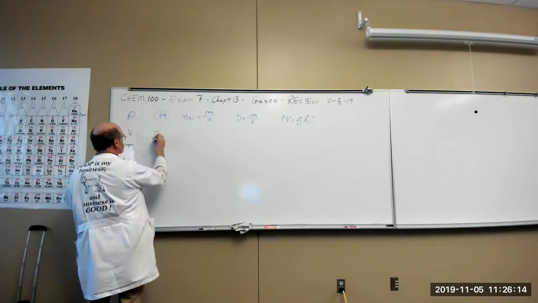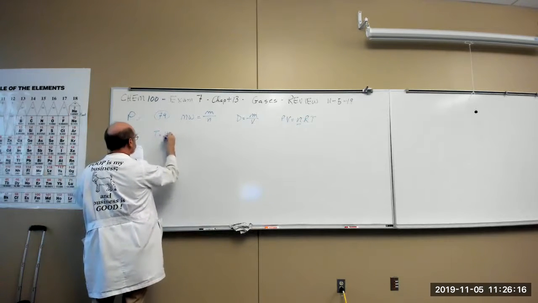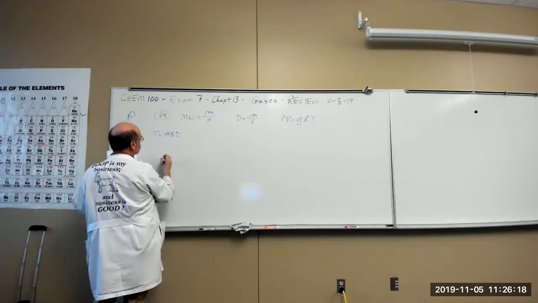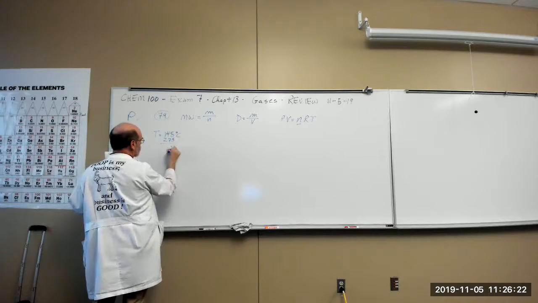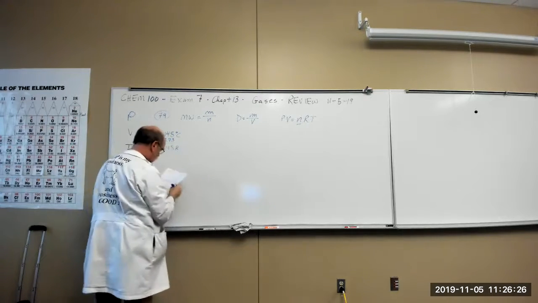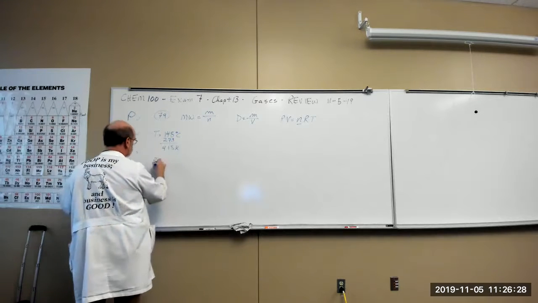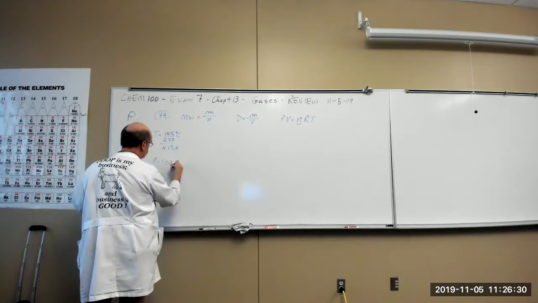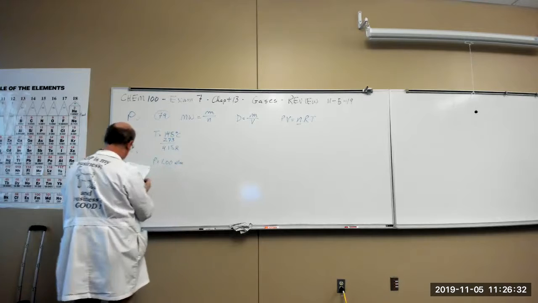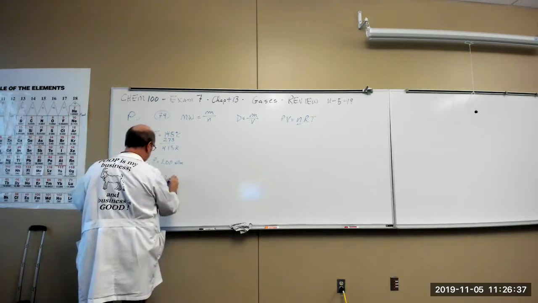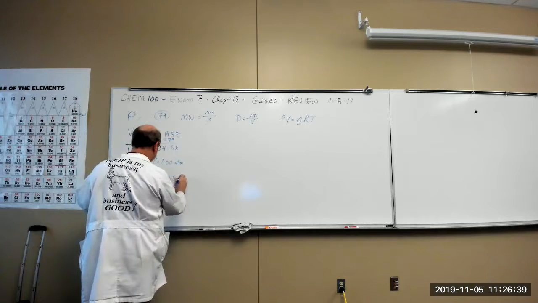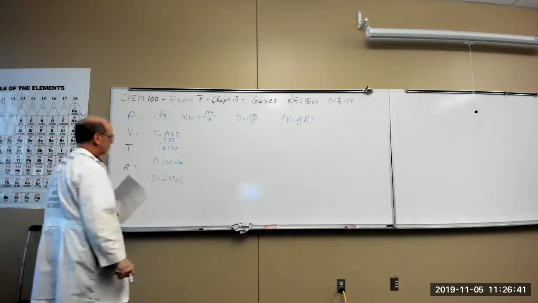So we've got a temperature of 145 degrees C, which is what in Kelvin? 273 plus 145, that'd be 418 K. We're also given pressure, 1 atmosphere. And we're given density of 2.45 grams per liter.